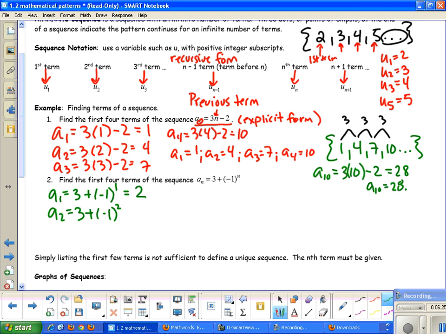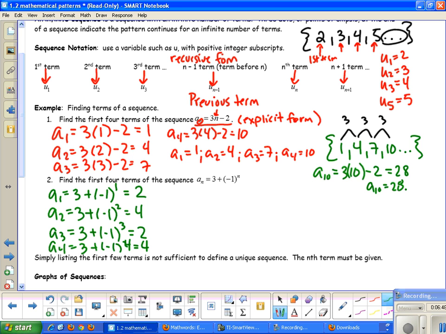Anything that's negative and we're squaring it is going to become positive, so 3 plus 1 now would give me 4. A sub 3 would be equal to 3 plus negative 1 to the third power now. Anything to an odd power is going to be negative, so 3 minus 1 would be 2. And a sub 4 would be equal to 3 plus negative 1 to the fourth power, which would be equal to 4.